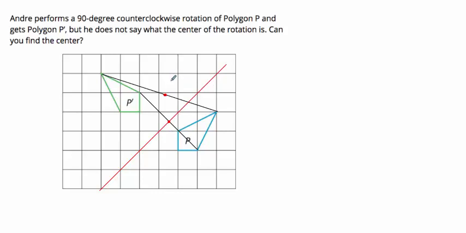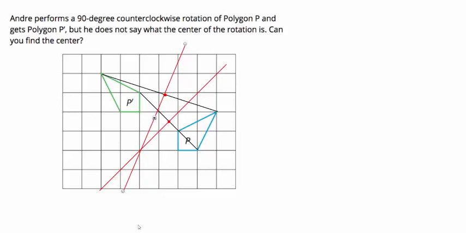And then I'm going to draw a line perpendicular through that line right in the middle. Right about there. Maybe it's a little off. A little bit. There we go. Close enough.